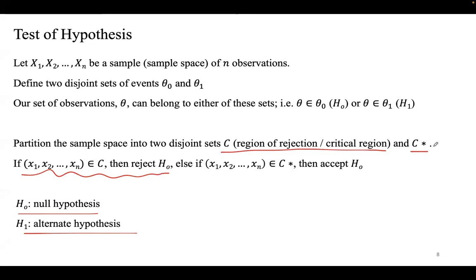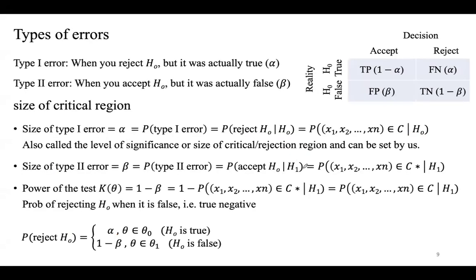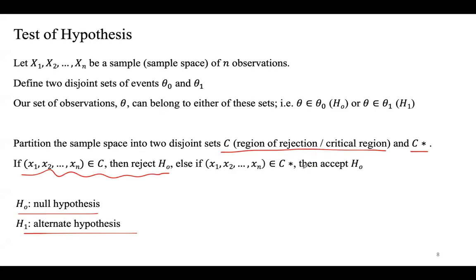And for C star, the acceptance region, you accept H naught. Typically, the way these questions are framed is that the first step is to define the null hypothesis, and the next step is whether you accept H naught or reject H naught. That's going to be the main thing.